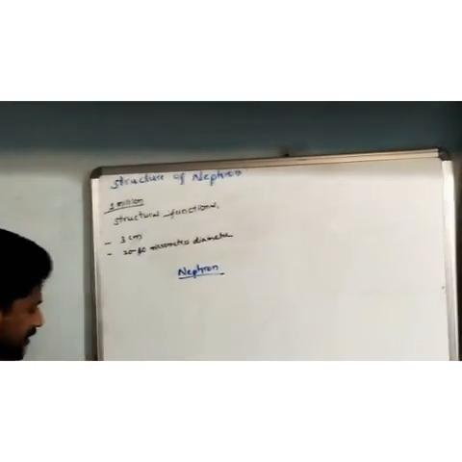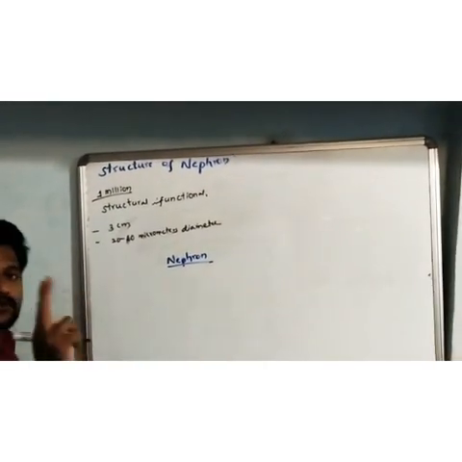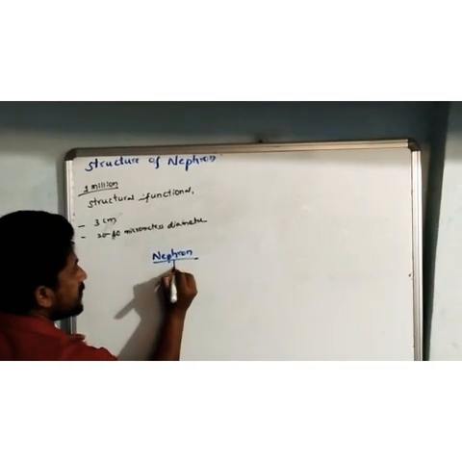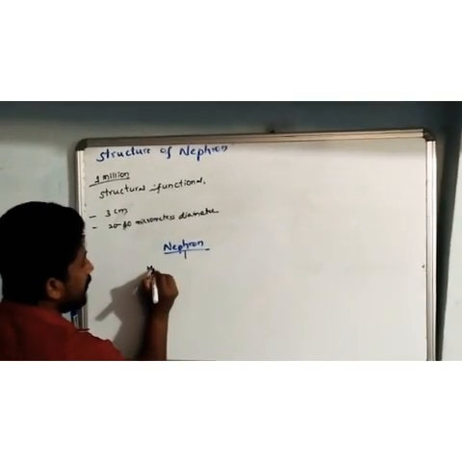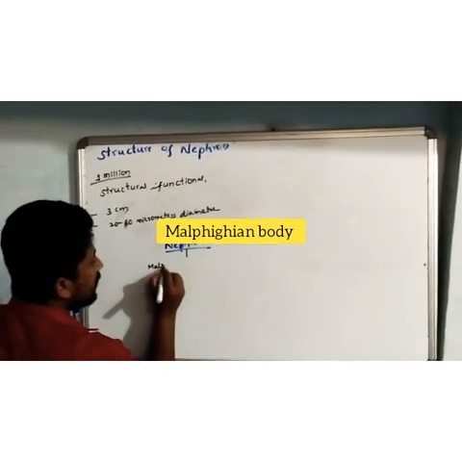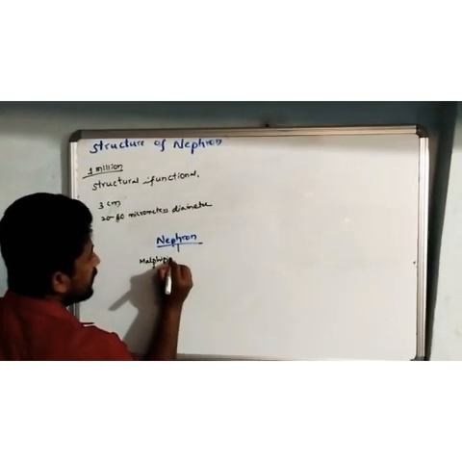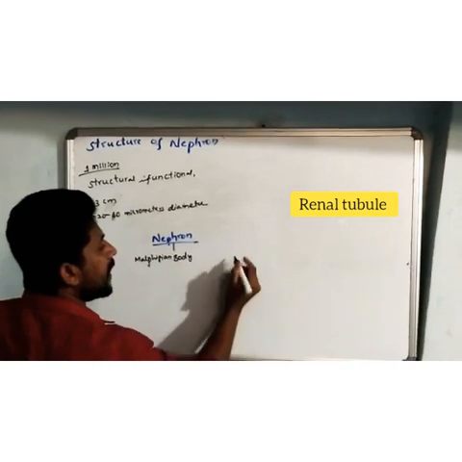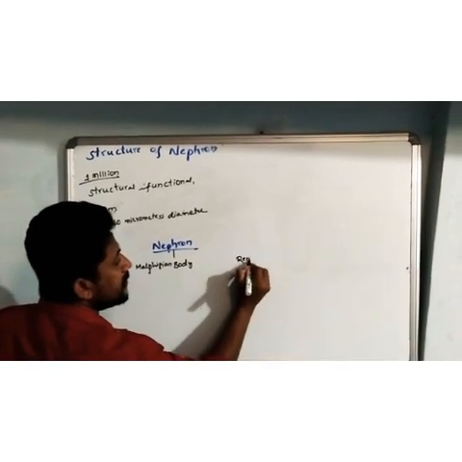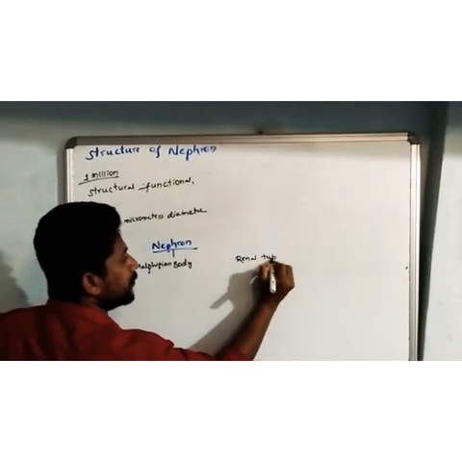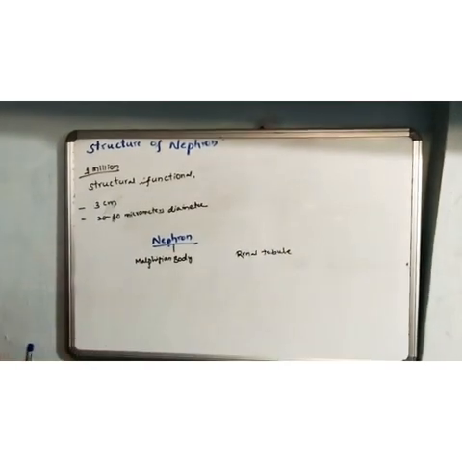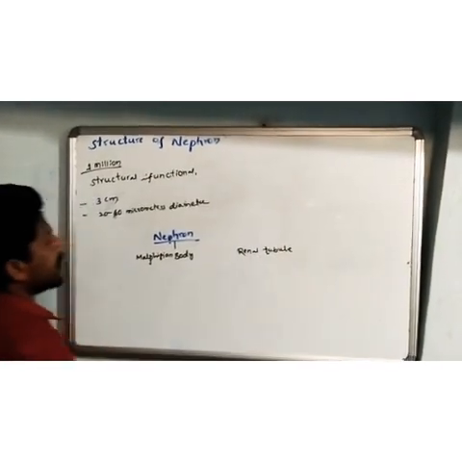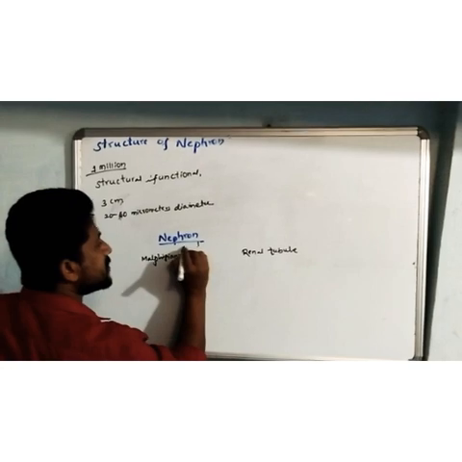The nephron consists of two portions: one, the Malpighian body, and a renal tubule. These are the two portions in the nephron.